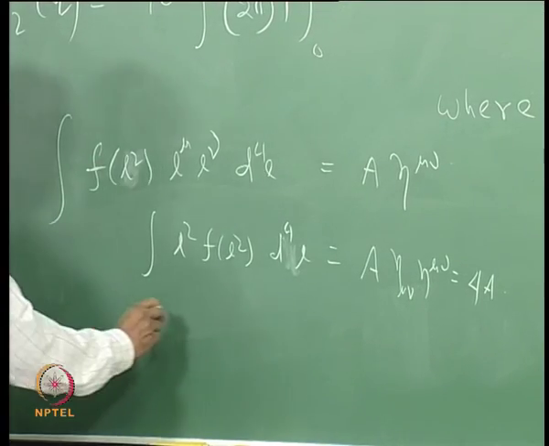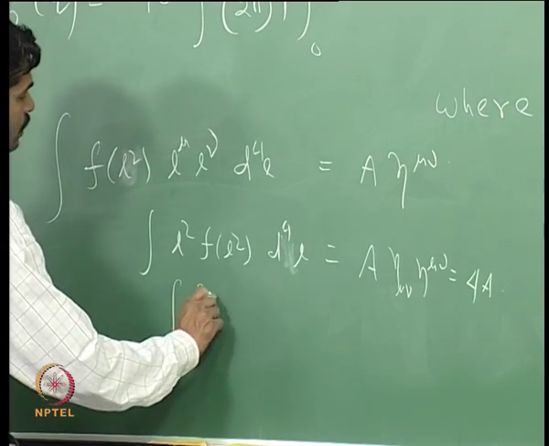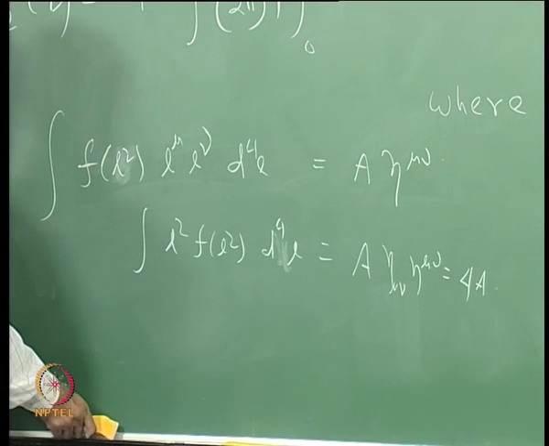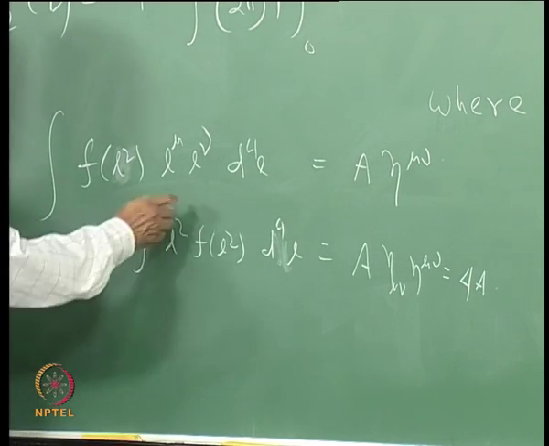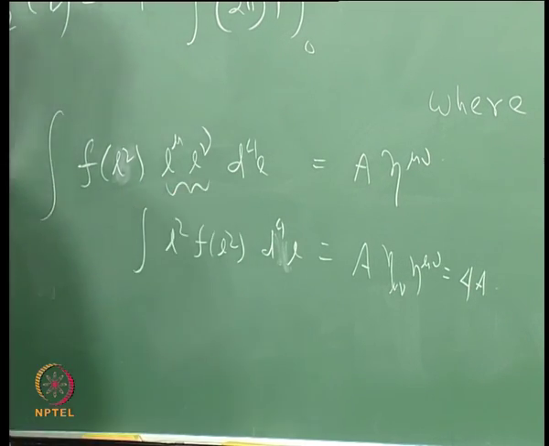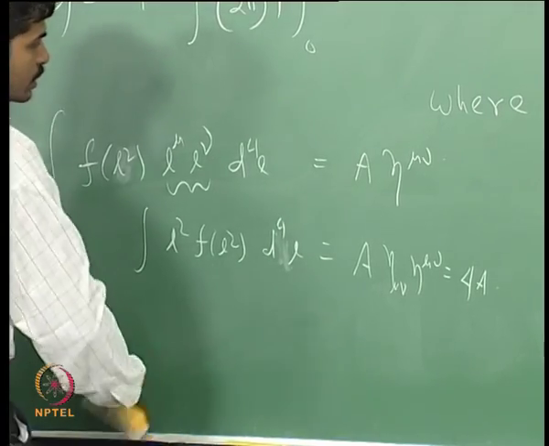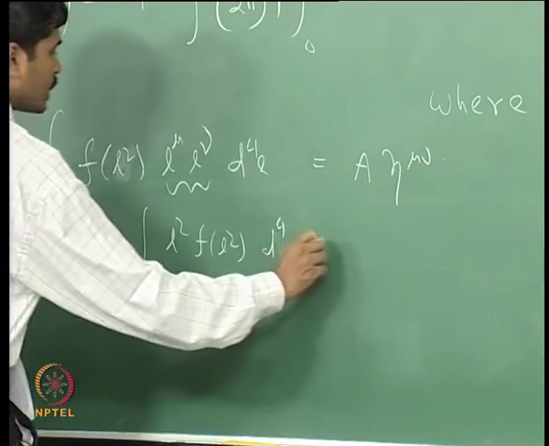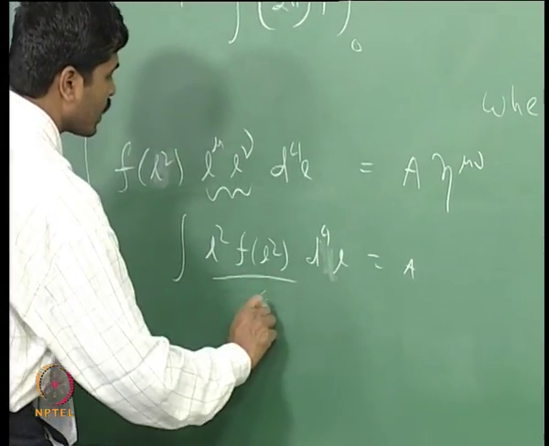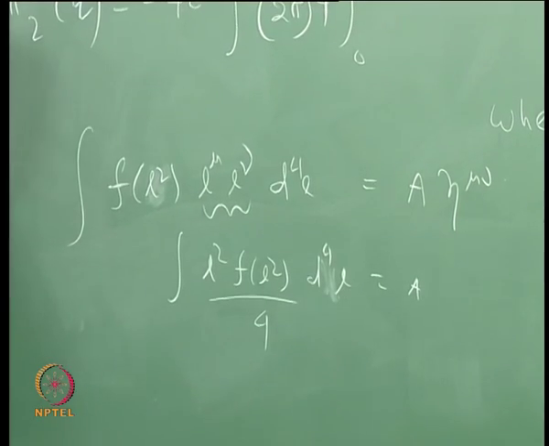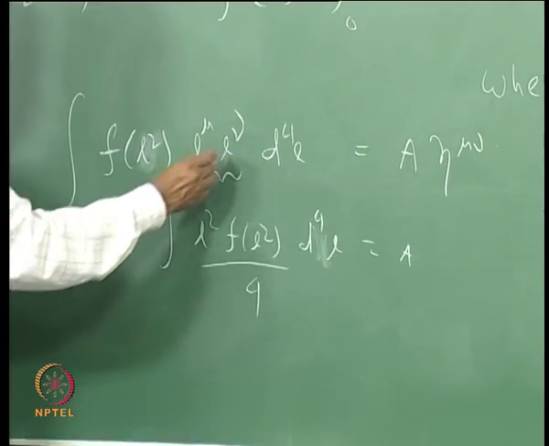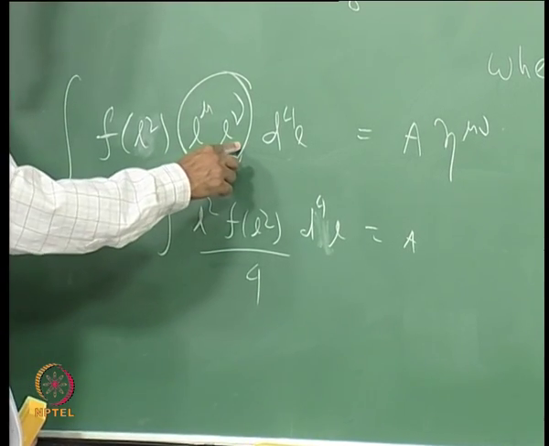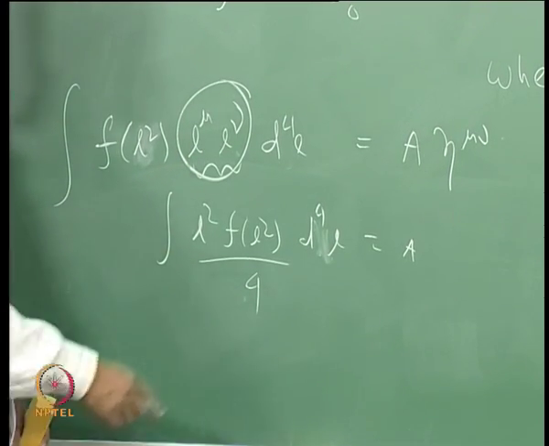Therefore, in this integration your a is merely given by this divided by 4. So, in this integration you can merely replace L mu L nu by L square divided by 4.